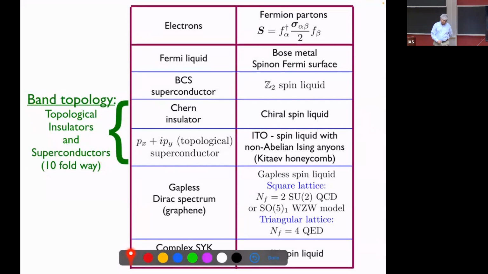So in particular, if I take a p plus ip topological superconductor of the spinons, so take some spinon theory, pair the spinons, and then choose a band for the Bogoliubov quasiparticles to have a certain topological invariant, then you get a highly non-trivial state, which has many different names.